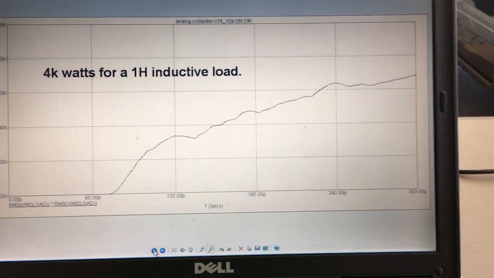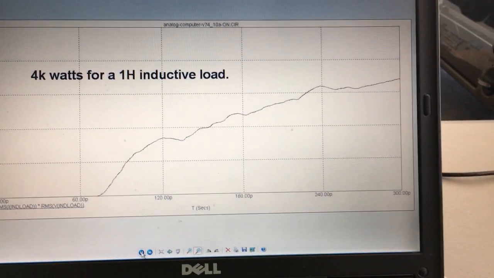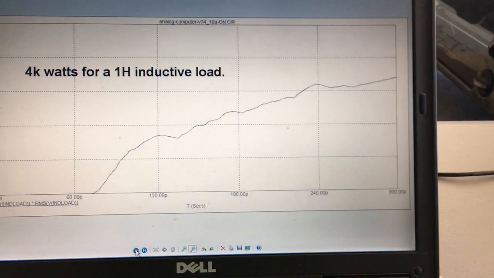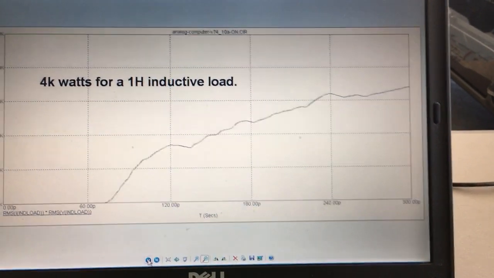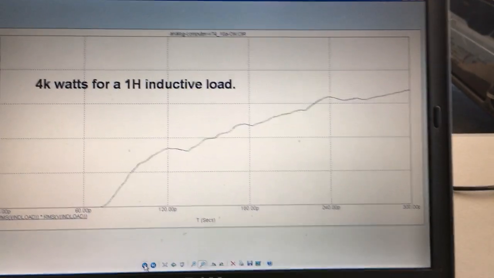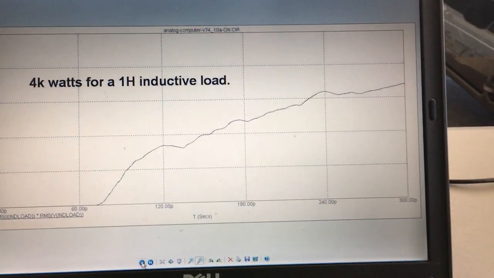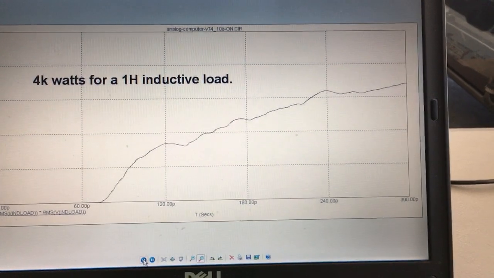And here's 4,000 watts of active power, not real power, not reactive power, at the 1 Henry inductive load.